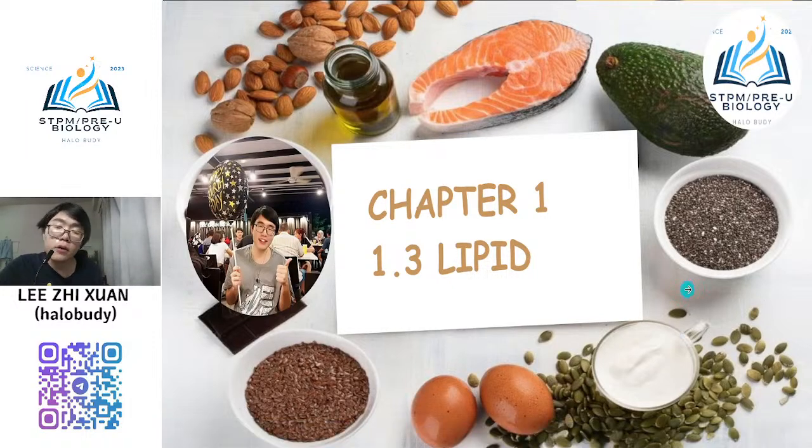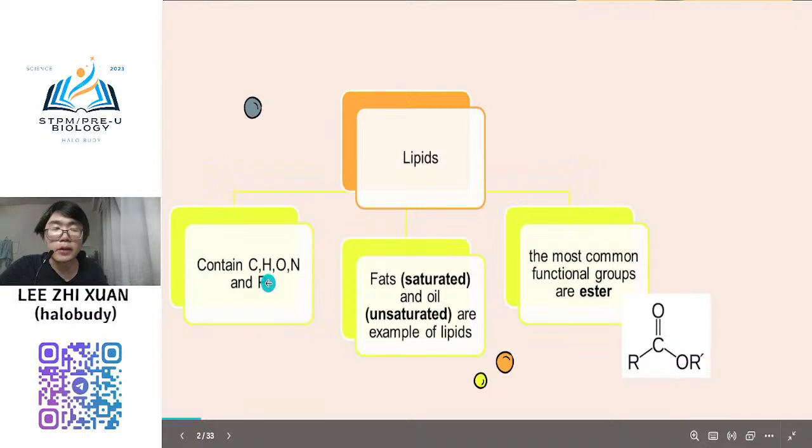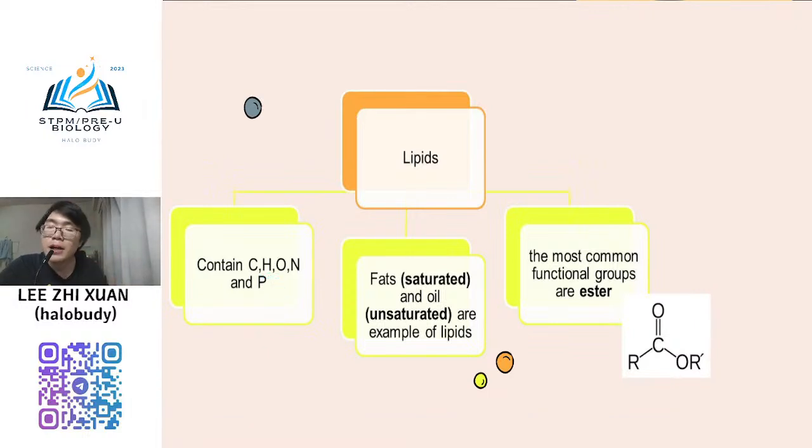Okay, so we proceed to lipid. You need to know what lipid is. According to organic chemistry, lipid normally contains carbon, hydrogen, oxygen, nitrogen, and also phosphorus atoms.